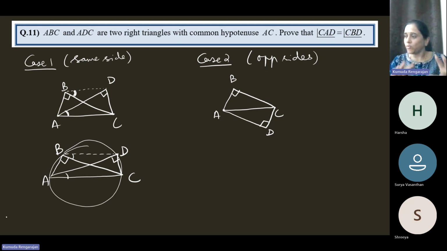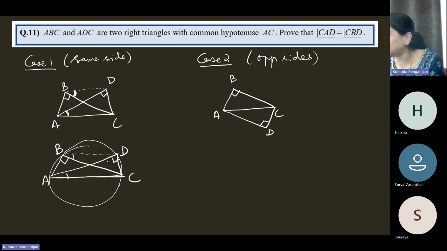Does anything go weird when you draw a circle? No. When you draw a circle passing through these four points A, C, D, and B, all those things still fit well. You can treat AC as the diameter, so ABC is 90 and ADC is 90.